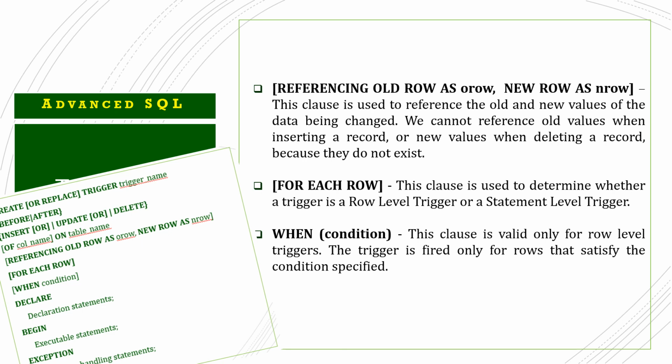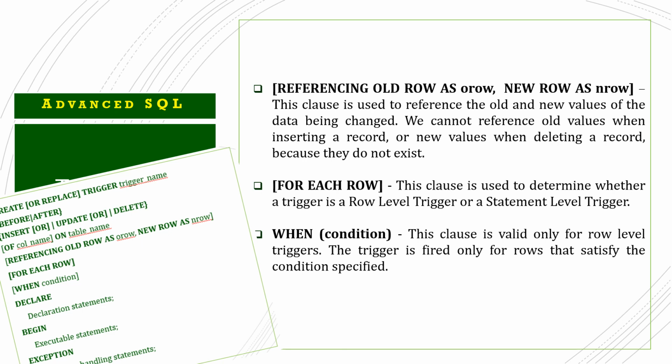Inserting a record means we are giving a new value, so we cannot refer to the old value. Deleting a record means we are deleting an old value, so we cannot refer to the new value. So we cannot refer to the old values while inserting and the new values when deleting. We can refer to the old and new values before and after updation. So this clause can be used to refer to the old and new values of the data being changed.